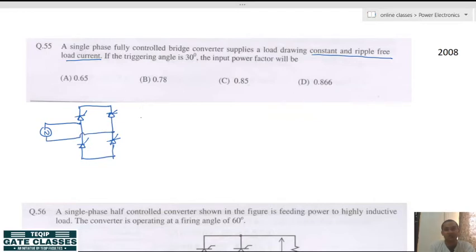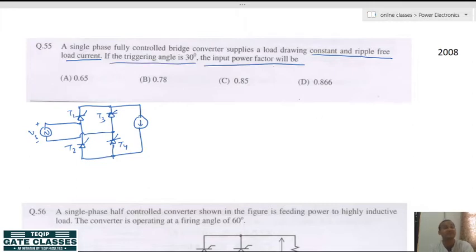Based on the question given, this is the source voltage, and let us say the thyristors are T1, T3, T2, T4. Now, constant ripple free current, if the triggering angle is 30 degrees, what will the input power factor be? This is a question on performance parameters.